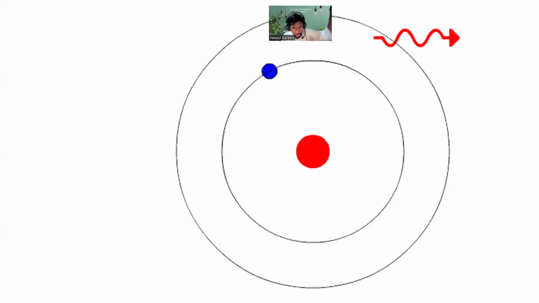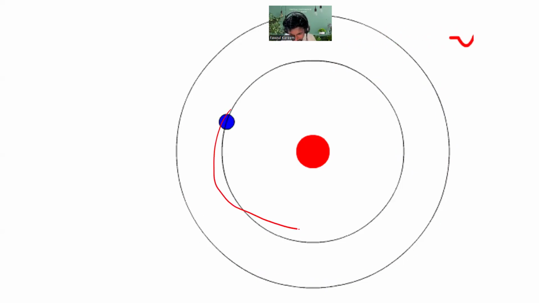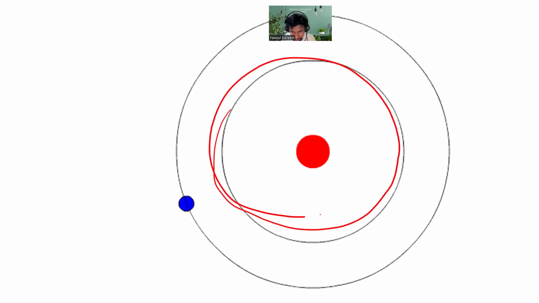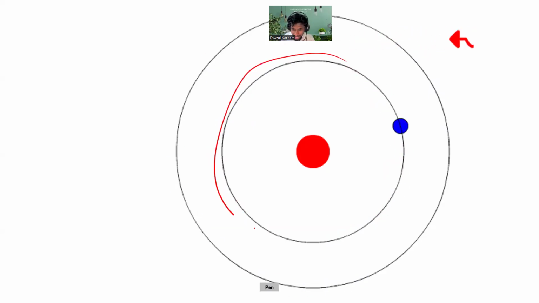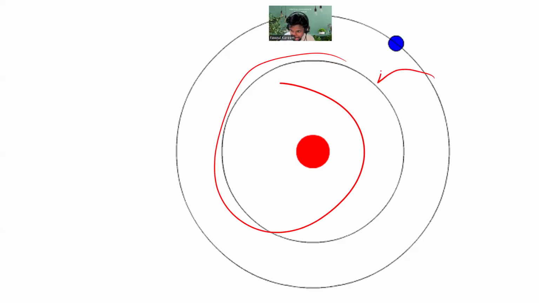So here you can see in this image the electron is rotating in this energy level. They are releasing the energy and they are going out. Here the electron is rotating and taking the energy and moving to this layer.